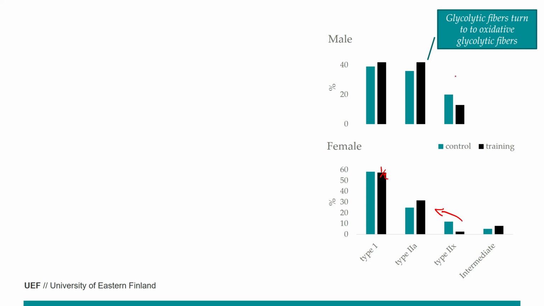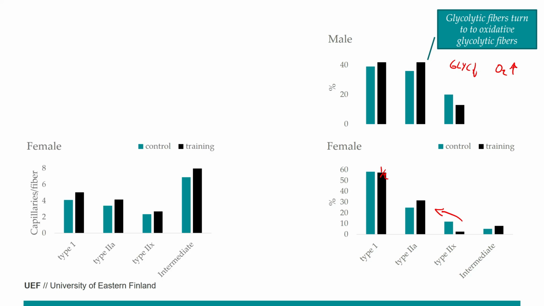So that means that you are using less glycolysis for the ATP production, but more oxygen. And for that reason, you need more capillaries. In these glycolytic fibers, there are about 2 capillaries per single skeletal muscle cell, and in these oxidative, there might be 4 or 6.